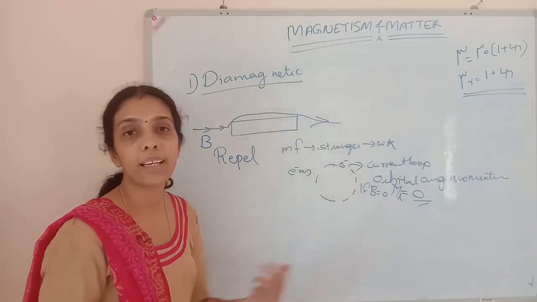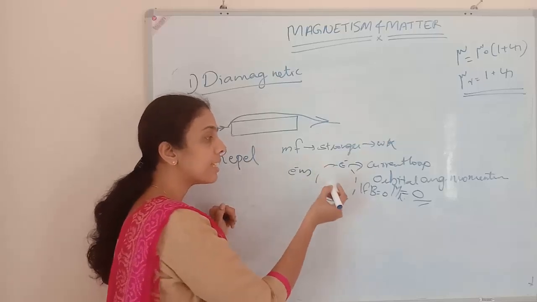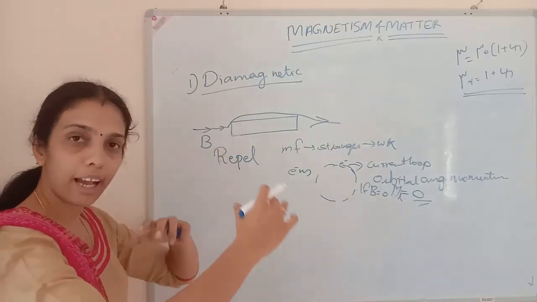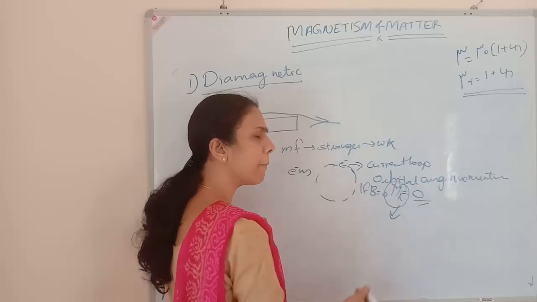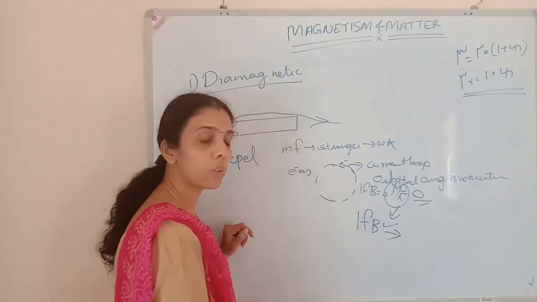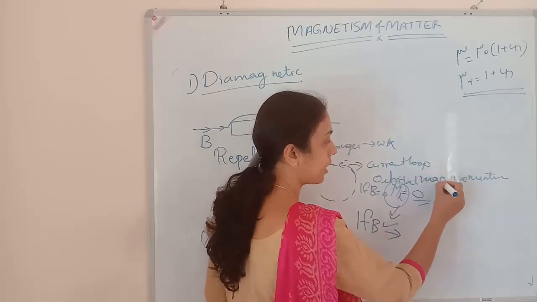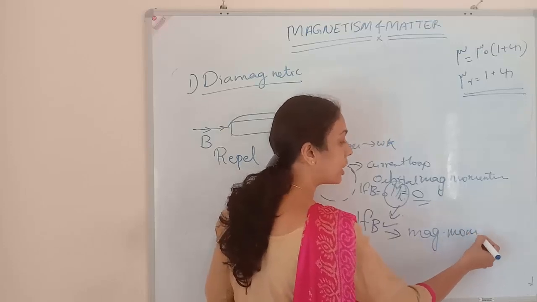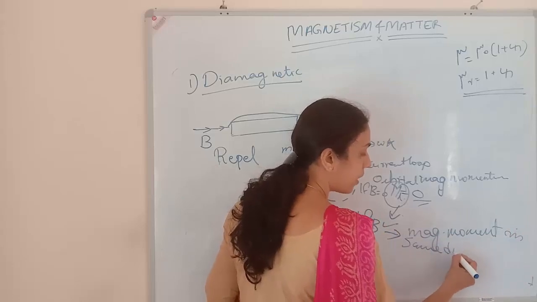While we are applying a magnetic field, what will happen? This will repel, as I told. The orbital angular momentum gives the orbital magnetic moment, mu L. What if we apply a magnetic field? Not angular momentum, but the orbital magnetic moment which is in the same direction will slow down.